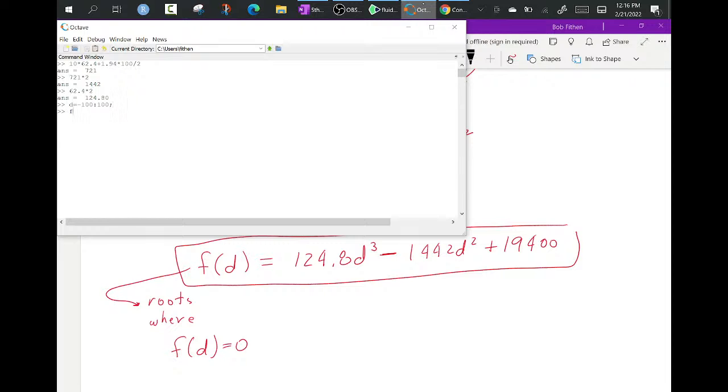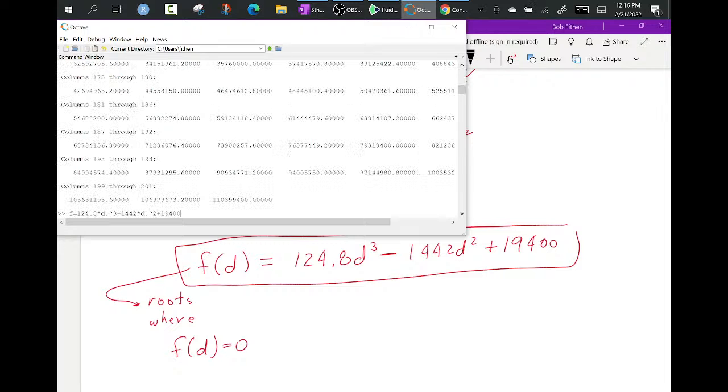And then I'm going to do f for the function equals 124.8 times d. I have to put a period there. Minus 1442 times d, have to do element-wise operator. And plus 19400.